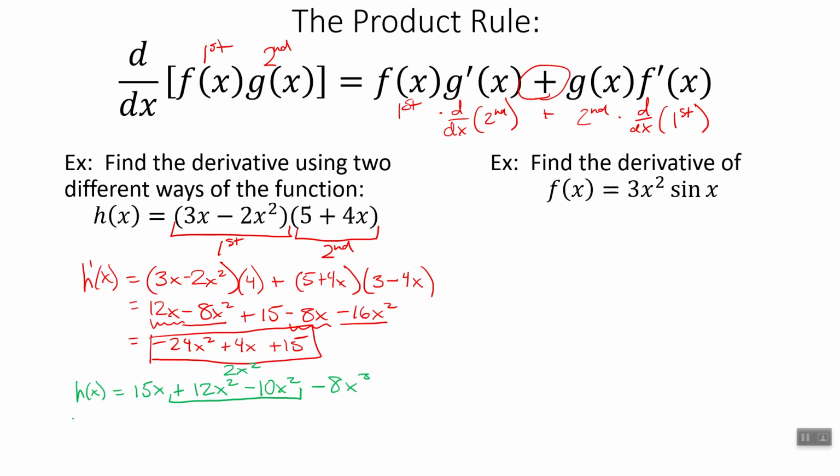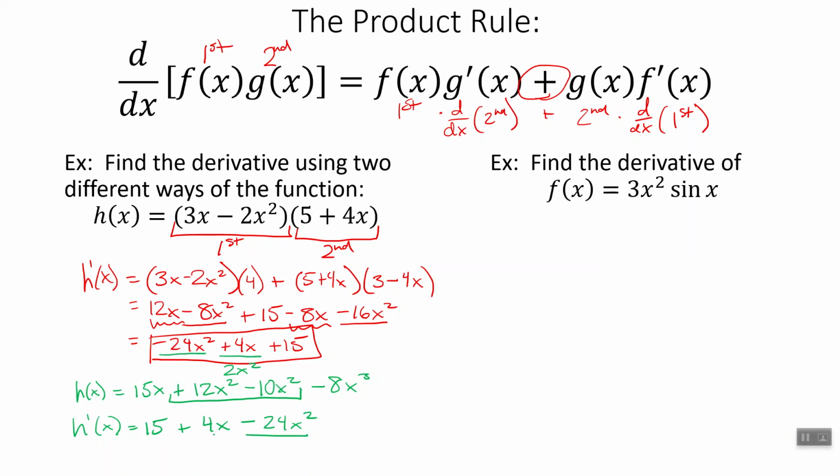And now if we take the derivative here, just using the regular old power rule, 15x, its derivative is 15. Derivative of 2x squared, we bring down the 2, we get 4 and x to the first. Minus, bring down the 3, 8 times 3 is 24. X to the 1 less exponent, squared. So we get a negative 24x squared right there.